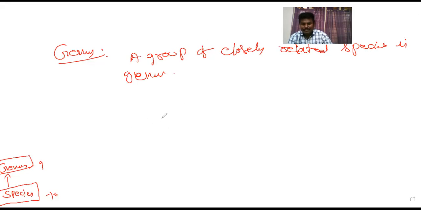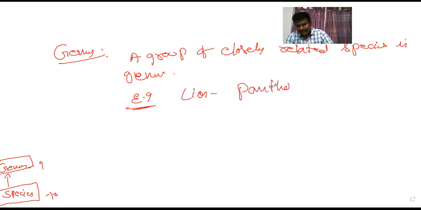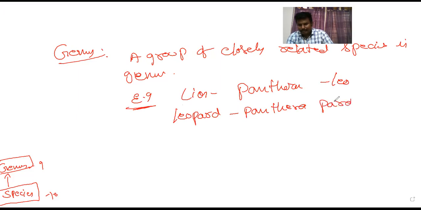Generally each species is given two names, which you already know, the generic name and the specific name. Here, for example, the scientific name of lion is Panthera leo. Next, the scientific name of leopard is Panthera pardus.